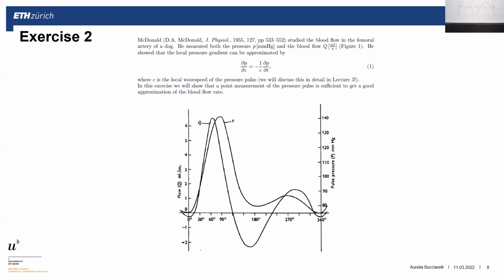McDonald, a person, decided to measure the pressure drop and the blood flow during one cycle of the heart. And what we want you to show is that with the MATLAB function that we give you, we could approximate the pressure drop.